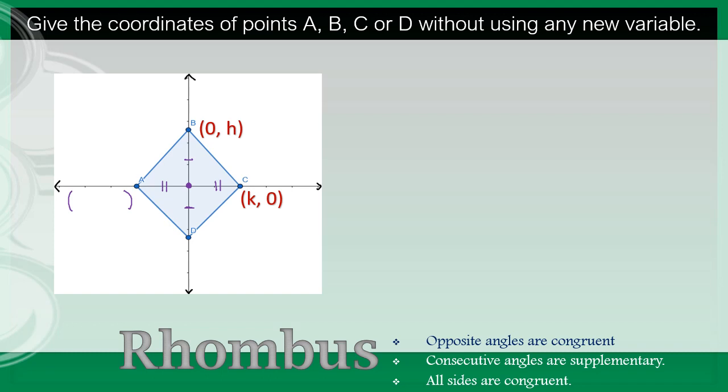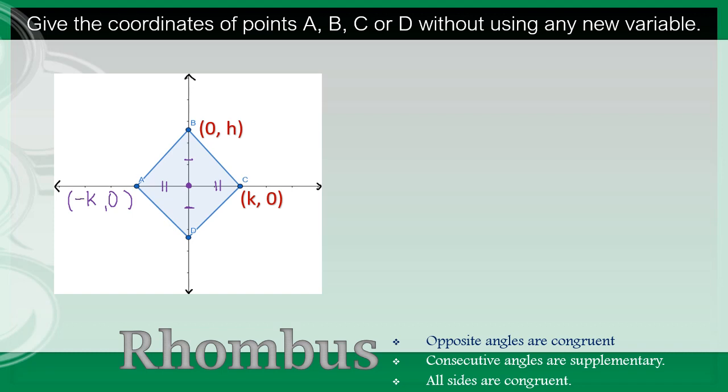And now, let's start with our point A. Since point A lies on the x-axis, therefore its y would be 0. And for our x-coordinate, since point A and point C are equidistant from the origin, therefore they do have the same x-coordinate, and that is k units. But since point A is located at the negative x-axis, therefore it should be negative k.